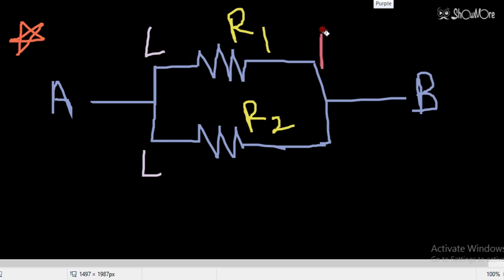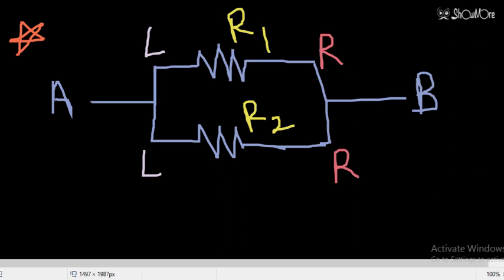Here you can see this is the right end, this is the right end. So whenever both the left ends of 2 or 3 or 4 resistances are joined and all the right ends are also joined, then we say that the resistances are in parallel.